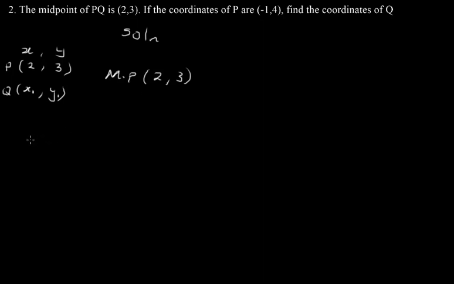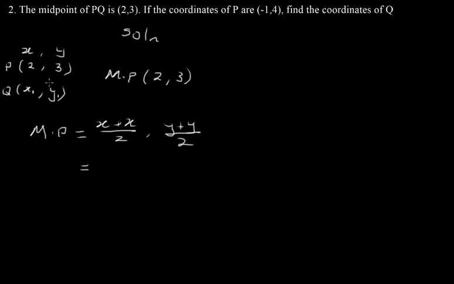We know that midpoint of any 2 points is given by x plus x over 2, y plus y over 2, right? So what are the x values we're given for the 2 points?